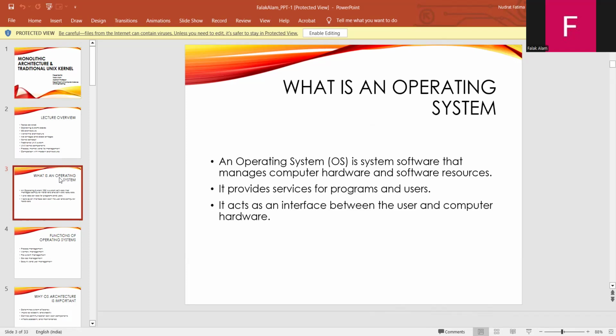Otherwise, we would have very complex instructions that must be given to the hardware so that we could interact with the system. The operating system simplifies this process by providing user-friendly interfaces and services.